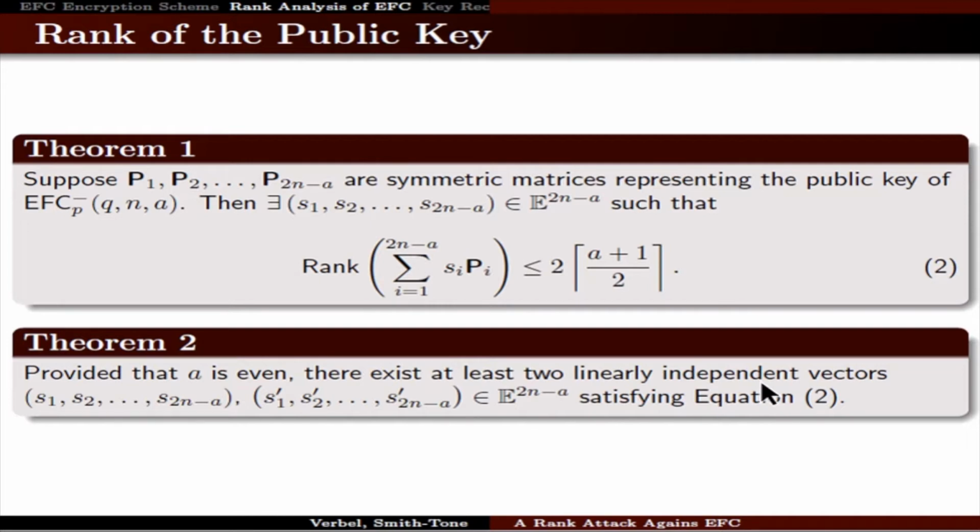This is a way to distinguish an extension field cancellation public key from random matrices of the same size. So you can distinguish that. And this is the main hole that allows us to perform a rank attack.